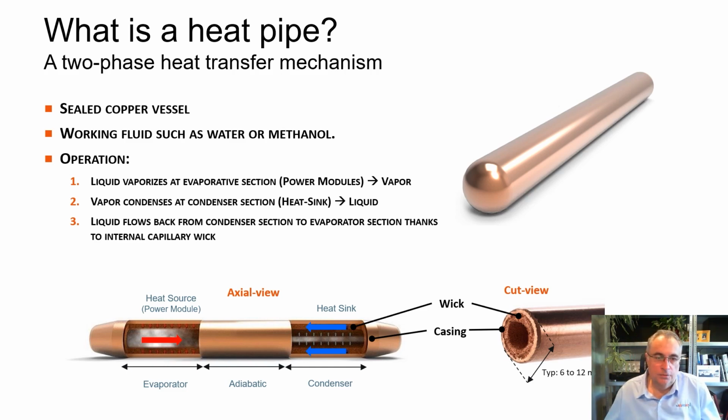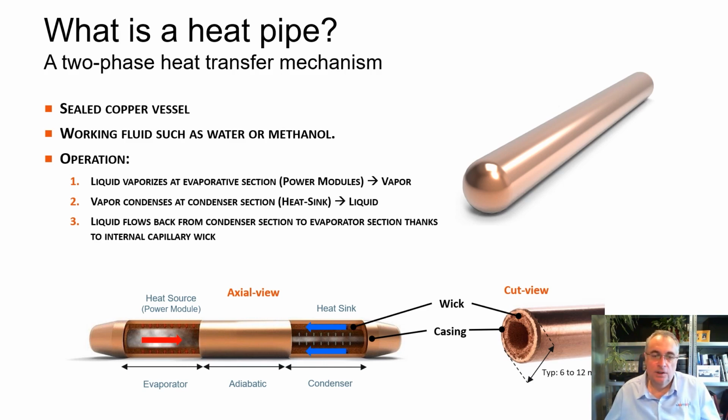So if we locate the heat source, typically the power module, on one end of this heat pipe, it will naturally create vapor, and the vapor will then be transported all across the tube until the other end.